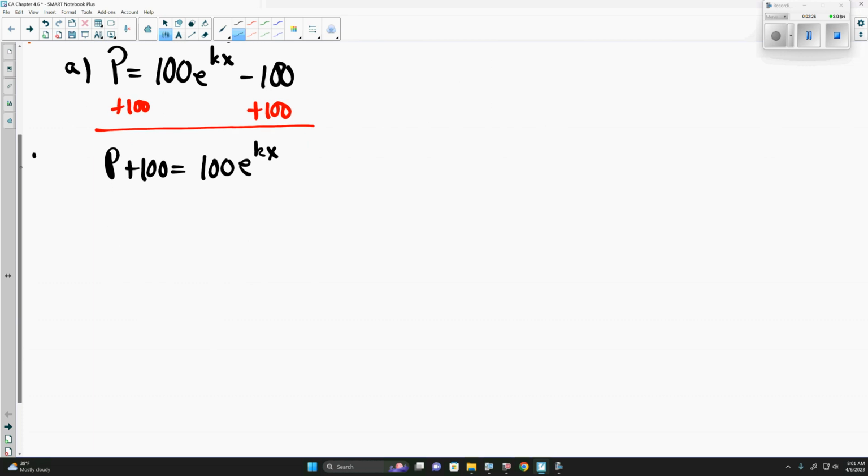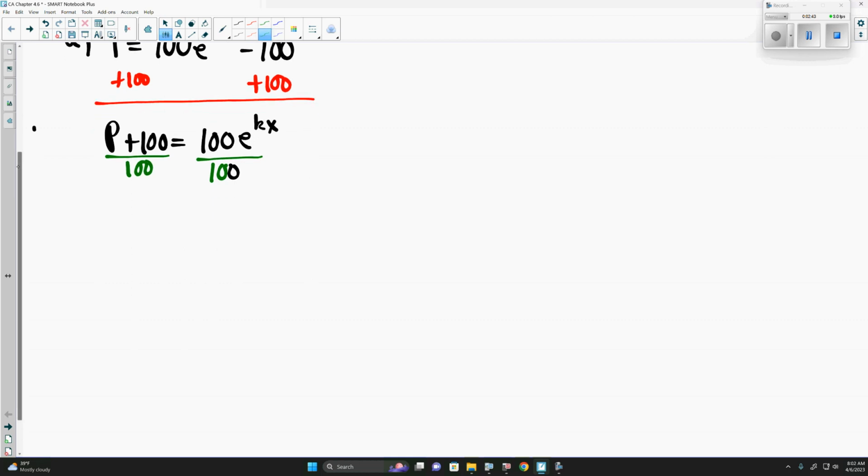So it's very similar to what we did the other day with solving these here for x or the variable. But in the end, we're not going to have a specific number. Now, the next thing we can do is divide both sides by 100, telling us that e to the kx is equal to P plus 100 over 100.